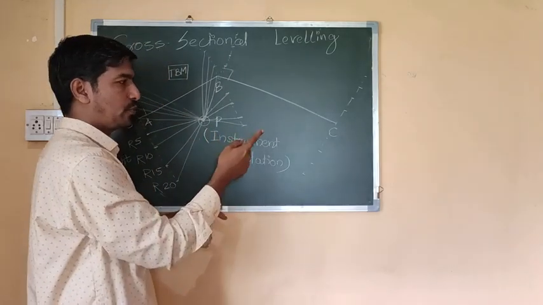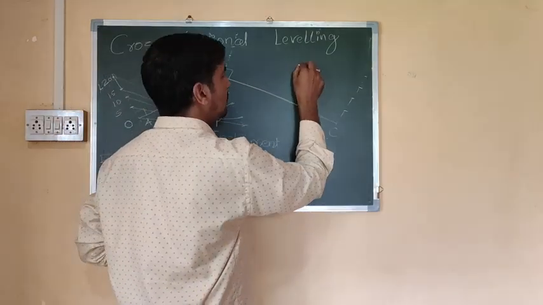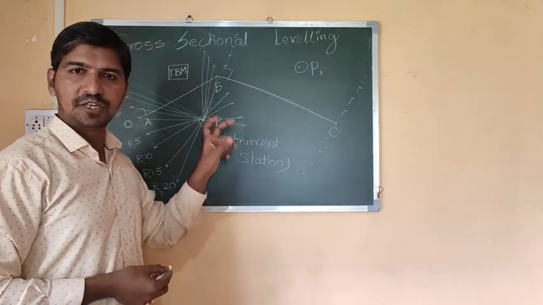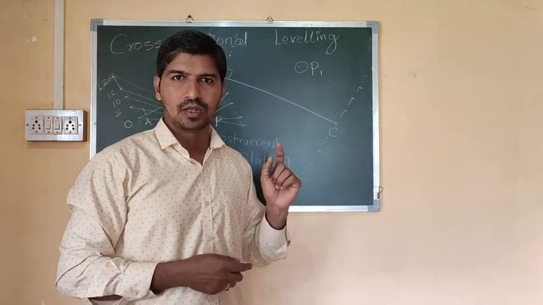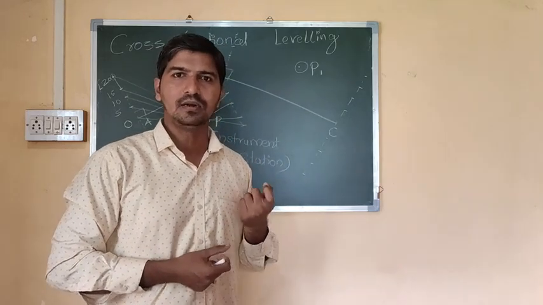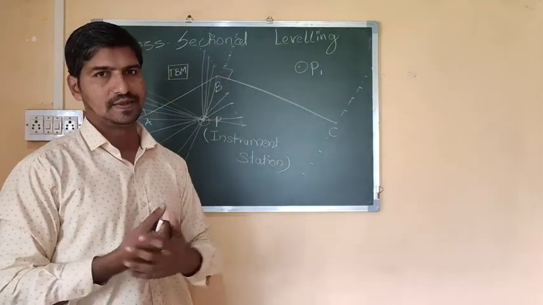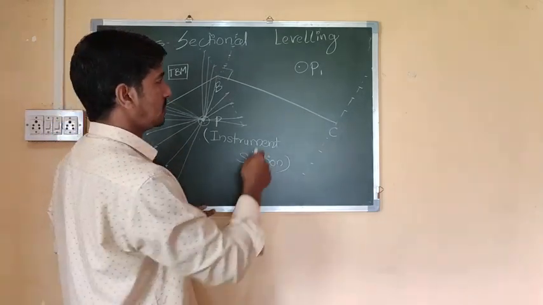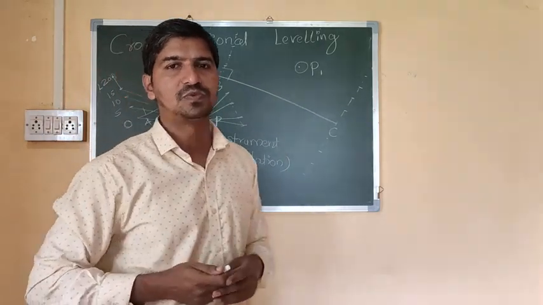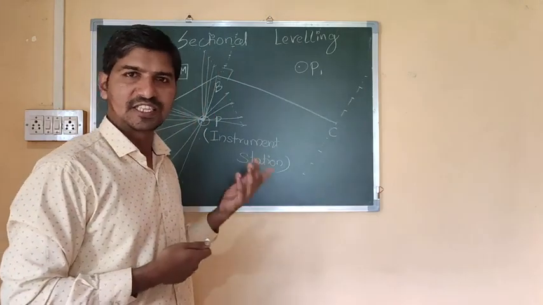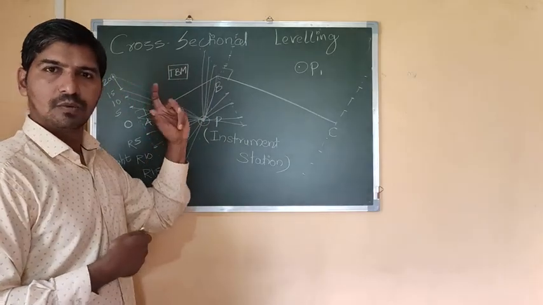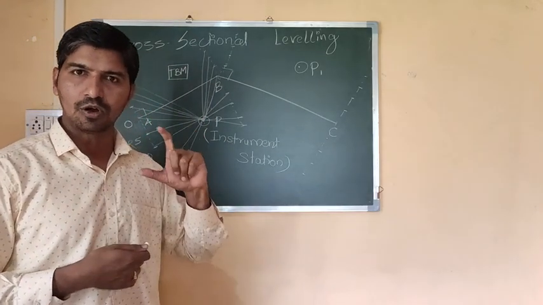If point P is not visible, I will select another point, say P1. I will shift the instrument from P to P1. I will do the temporary adjustment, bring the bubble to the center of its run, and make sure the line of collimation is exactly horizontal. Then again take a reading on the TBM, because we need a new HI. As we have shifted the instrument from one point to another, we have to calculate the new HI by putting the staff on the TBM and observing the reading.